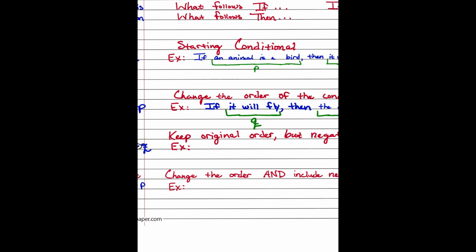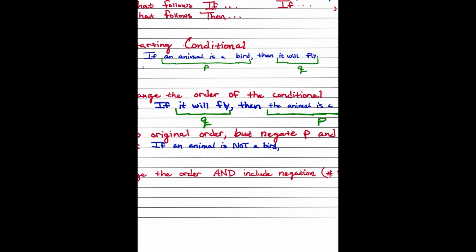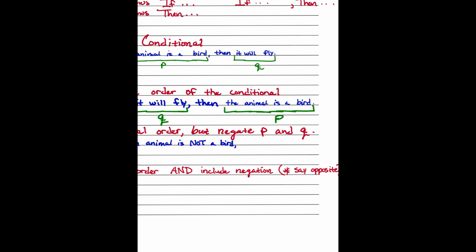If we start from the original, we say: if the animal is not, that's the key word, not a bird, then it will not fly.